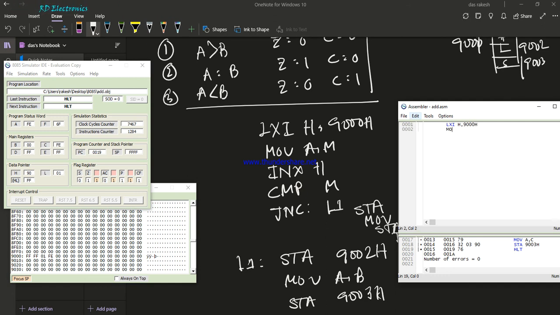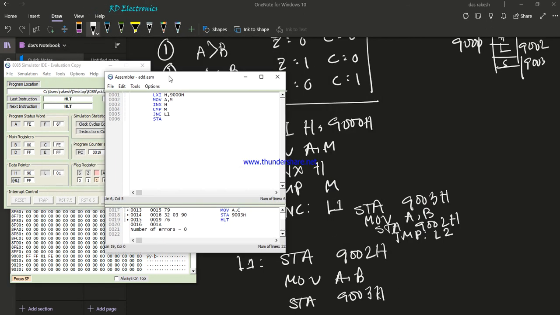hexadecimal, then MOV A, M, then INX H, then CMP M, then JNC L1, then STA 9000H hexadecimal, then MOV A, B, then STA 9002 hexadecimal, then JMP L2, and here you use L1 logic.